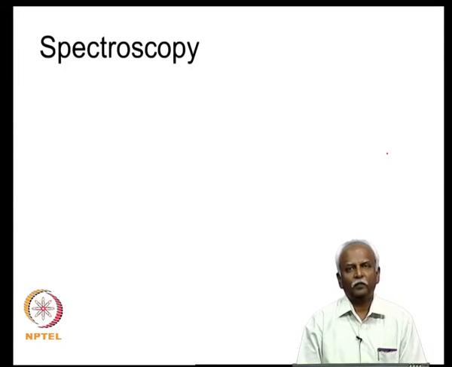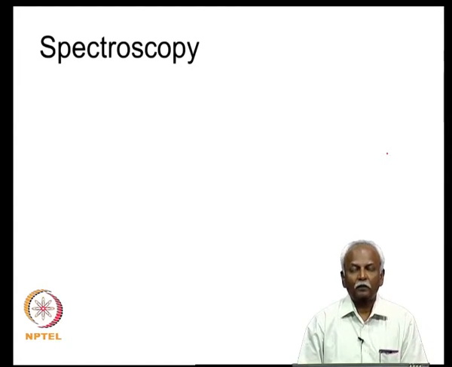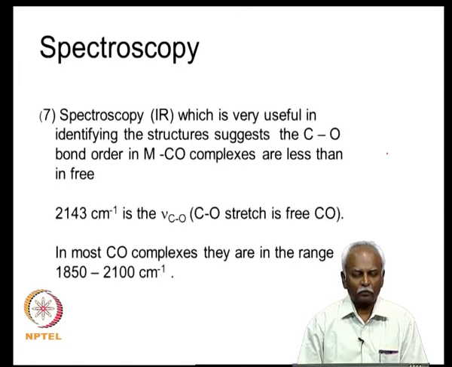Before we proceed further and explain the electronic structure of these complexes, I want to briefly mention the spectroscopy that can be done with these compounds. These compounds have very significant carbon monoxide stretches, which change when the carbon monoxide is complexed to the metal.